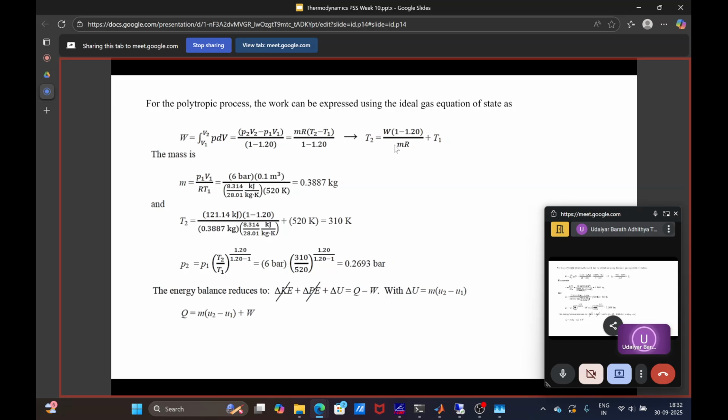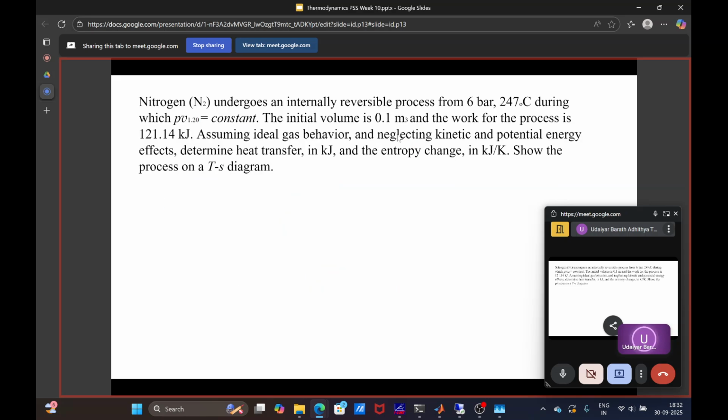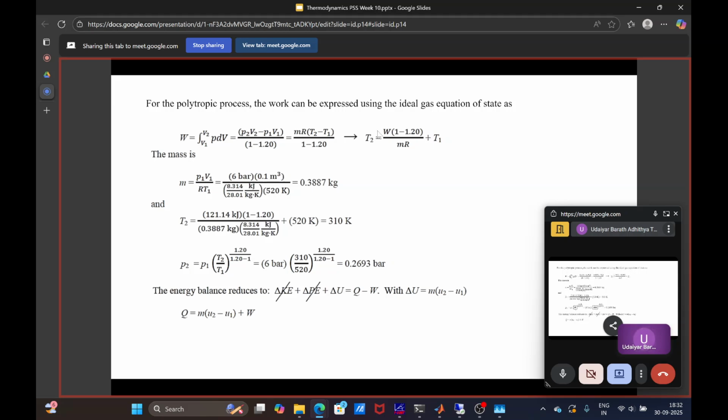Substituting this in the previous equation, we get the temperature T2. Here initial temperature is known, 520 Kelvin, and W is given, which is 121.14 kilojoule. So we get T2 to be 310 Kelvin.